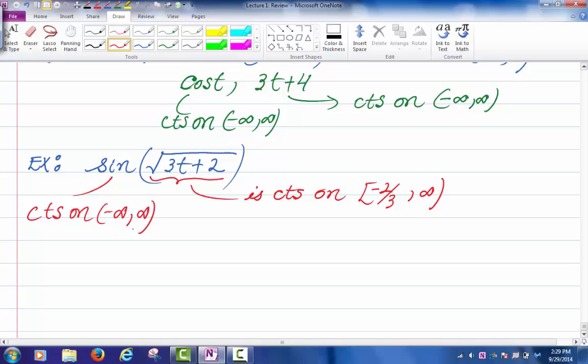Okay, so the composition will be continuous where? The composition will be continuous on negative 2/3 to infinity. Okay.